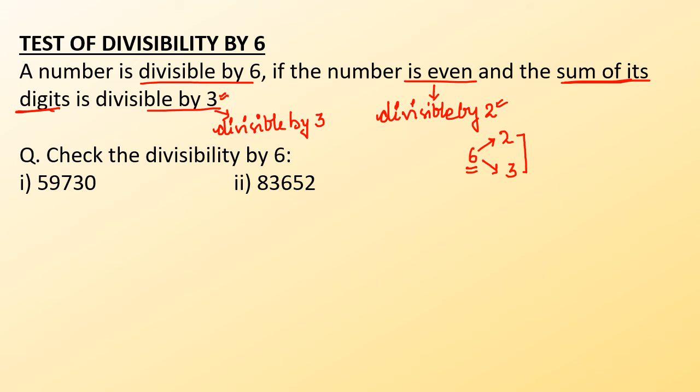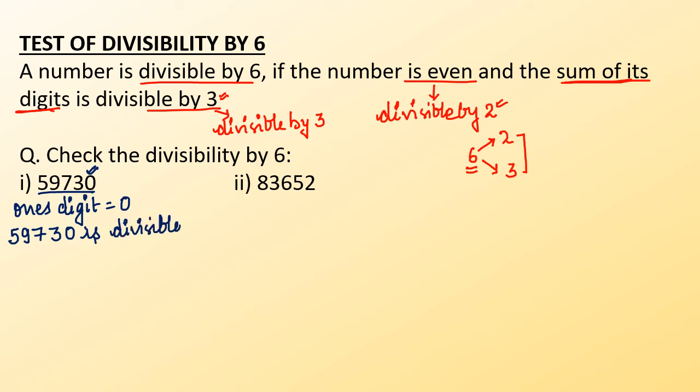The first number is 59,730. Look at the digit at its ones place. The digit is 0. So the ones digit is 0, which means 59,730 is divisible by 2.